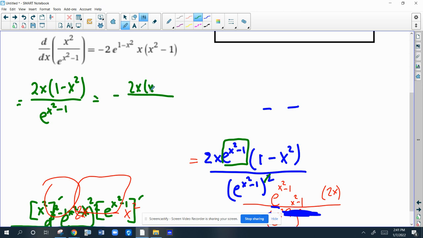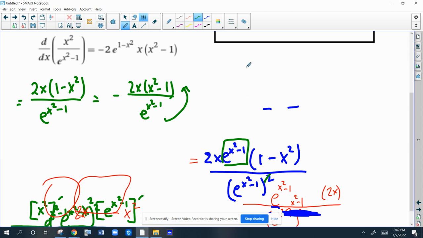the leading term is positive. That's no big deal. So in terms of this x squared minus 1, though, they just brought this exponent up. And when you do that, you have to make the exponent negative.